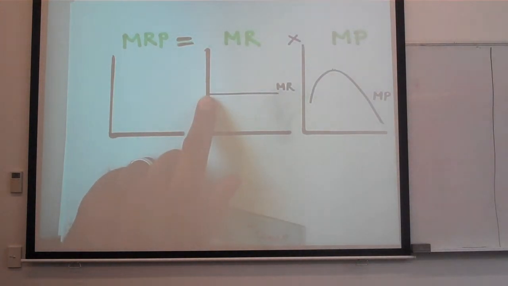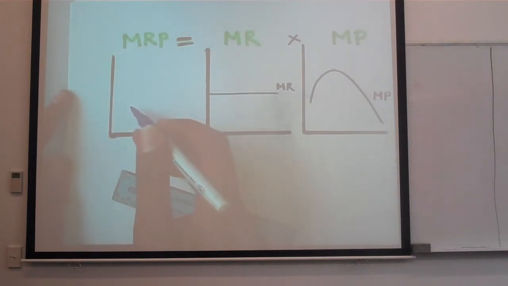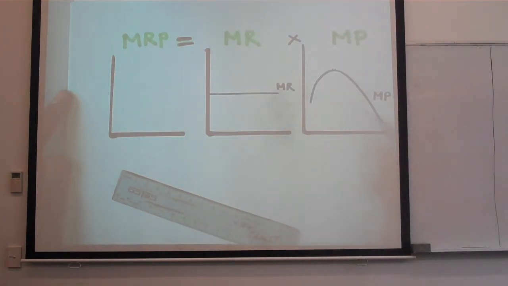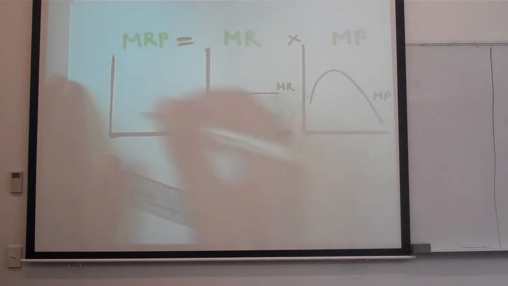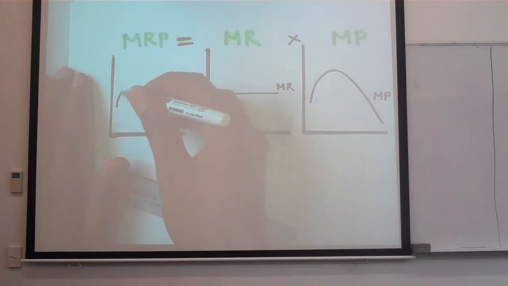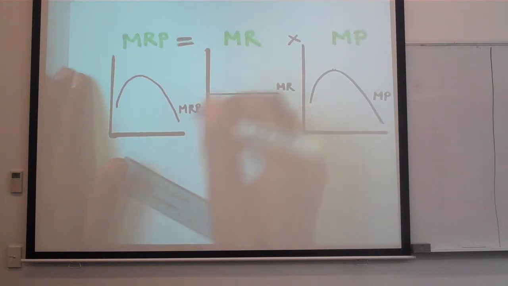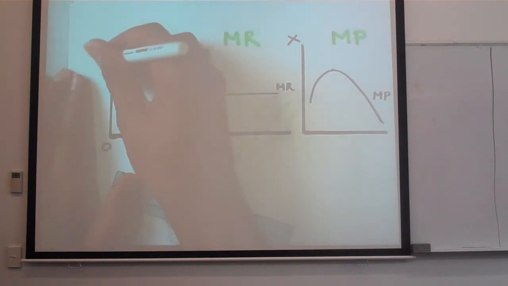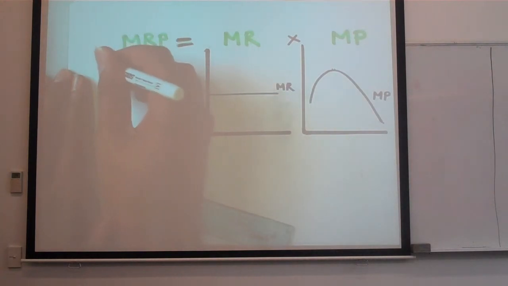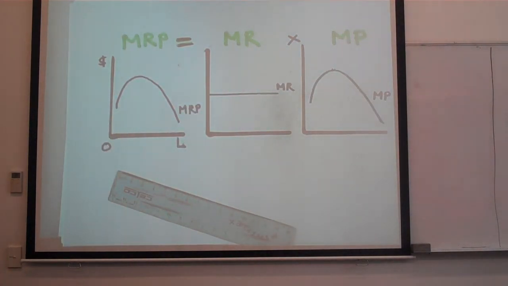Since MR is a constant, if you multiply a constant by a curve, the answer is going to look exactly the same as this curve, except if the price is $2, the graph will be twice as big. If the price is $10, it will be 10 times as big. So the graph retains its shape, it's just scaled by however much the price happens to be. MRP looks exactly like MP, except that it's bigger or smaller depending on the price.